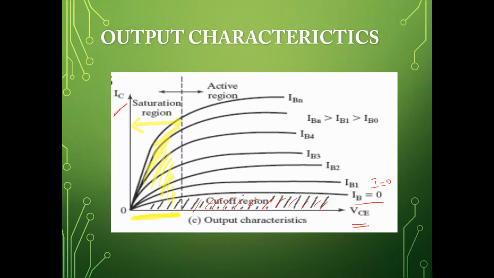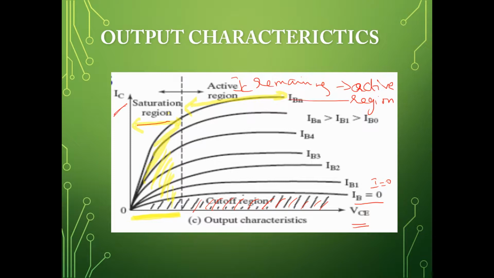And when VCE is increasing but your IC remains constant, it is the active region. So we have three regions of operation: one is cutoff, the other one is saturation, and the third one is active.